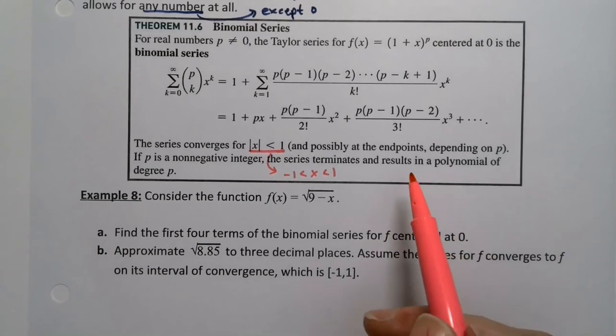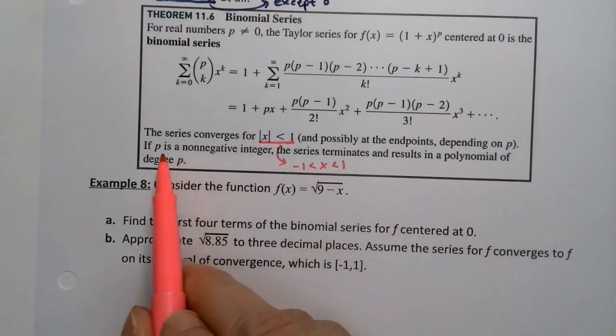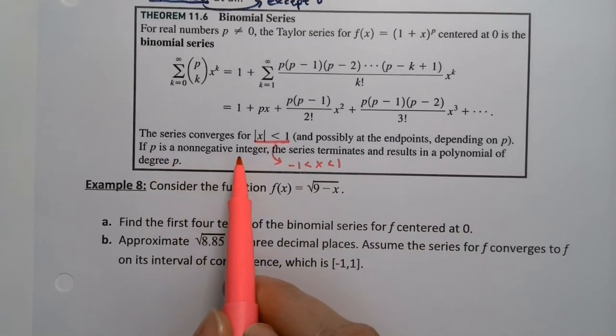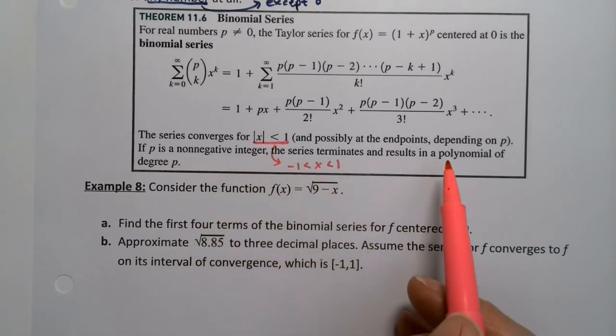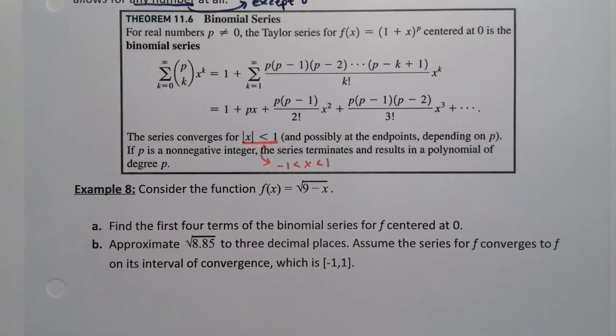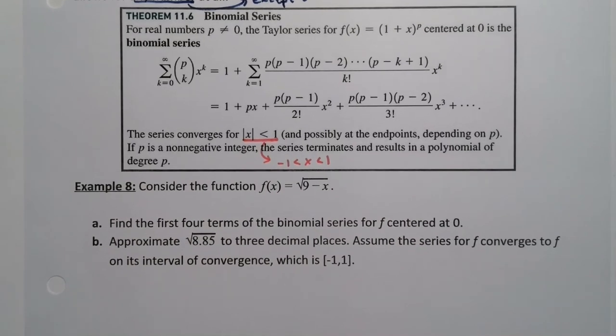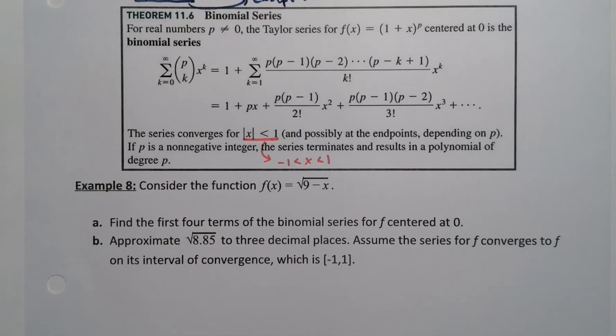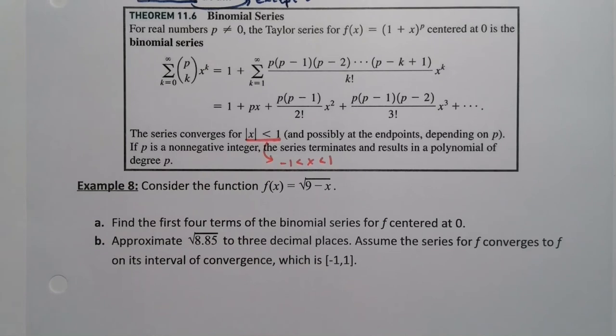Of course, as we've seen in a previous example, if p is a non-negative integer, if p is positive, then the series is going to terminate and result in a polynomial of degree p. We saw that with the Taylor series expansion of a polynomial a couple examples ago. So that makes it actually quite simple if p is a non-negative integer.